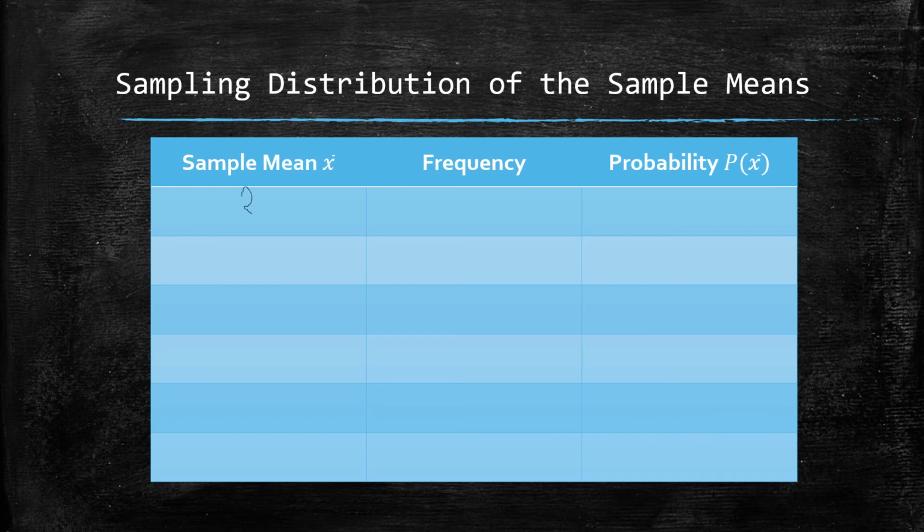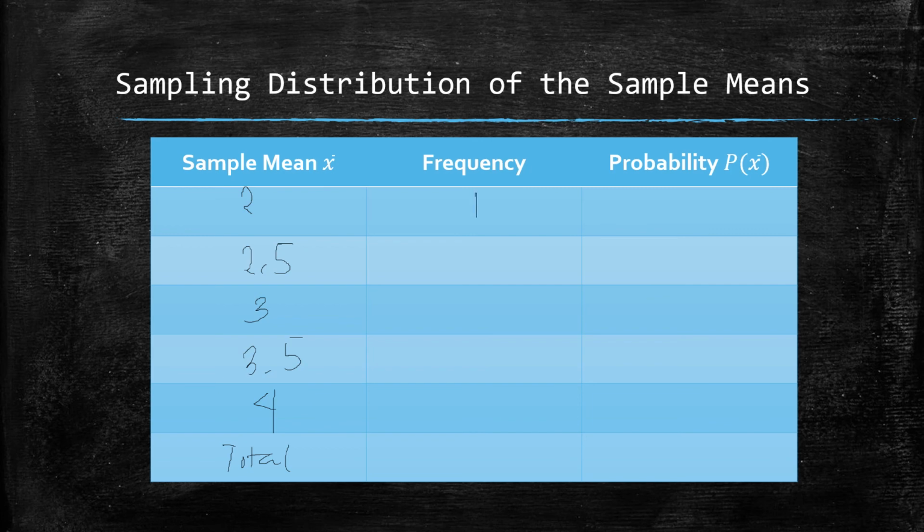You start with 2. Next is 2.5. And you have 3, 3.5, and 4. We're going to write here the total frequency. How many times does sample mean 2 appear?